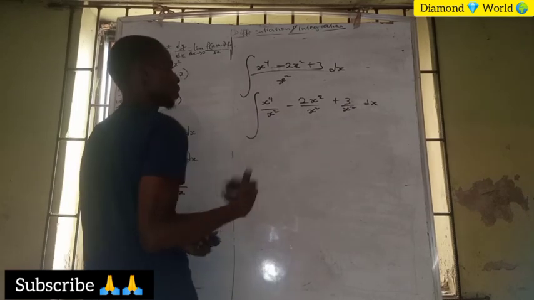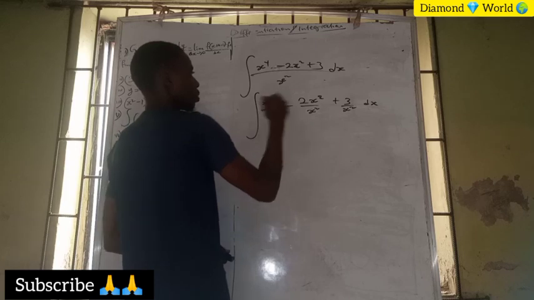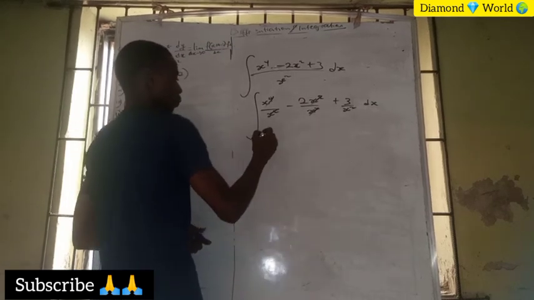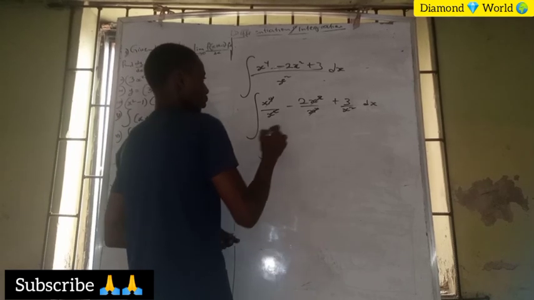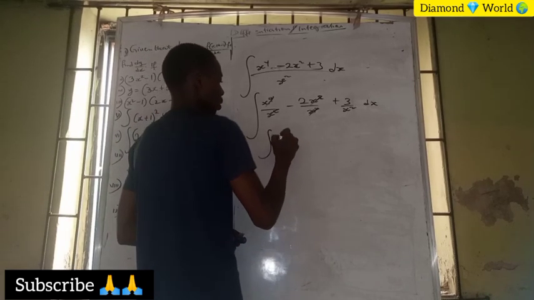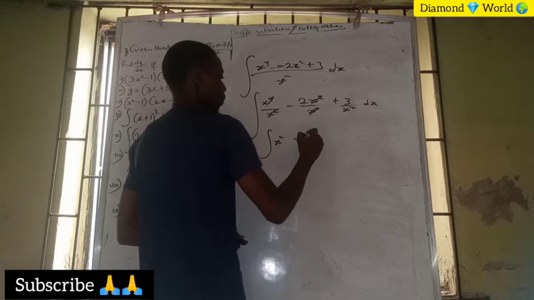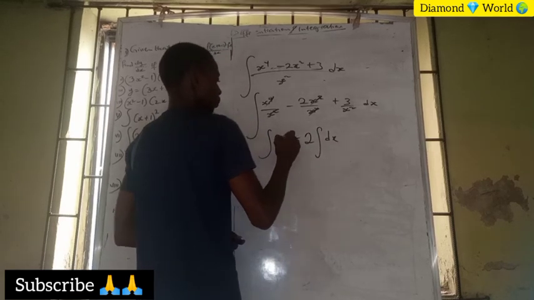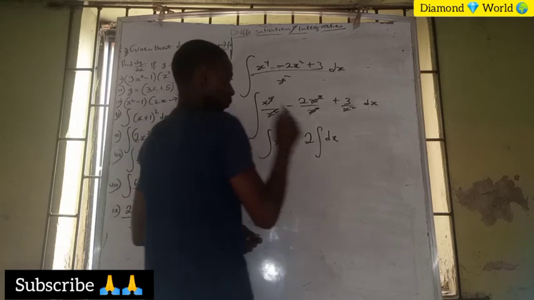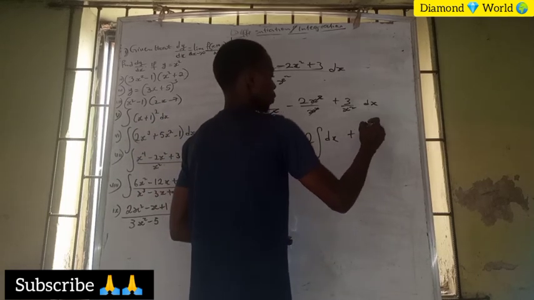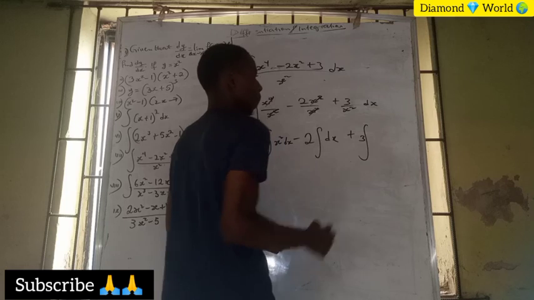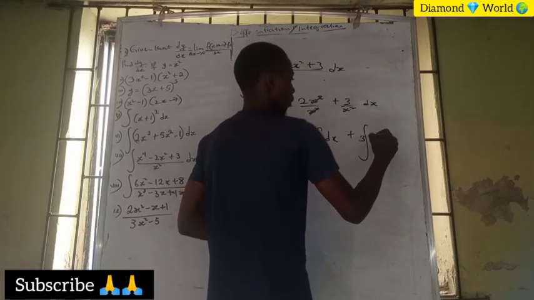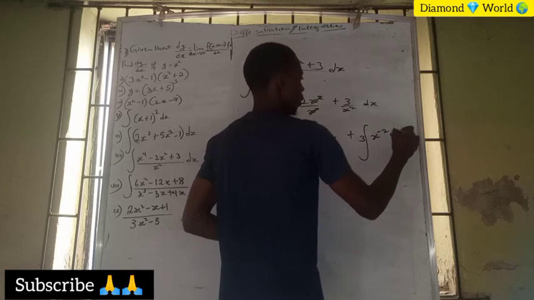Now integrate it one after the other. This one can bring this one down, but this one will not bring itself down. So we have integral x squared minus 2 integral dx plus integral 3x to the power minus 2 dx.